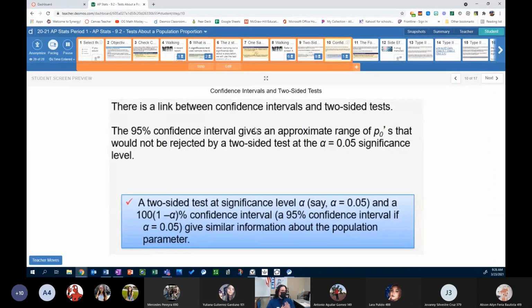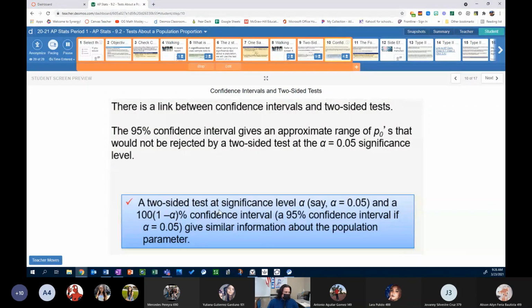Right. The 95% confidence interval gives an approximate range of p sub zeros that would not be rejected by a two-sided test at the alpha equals 0.05 significance level.